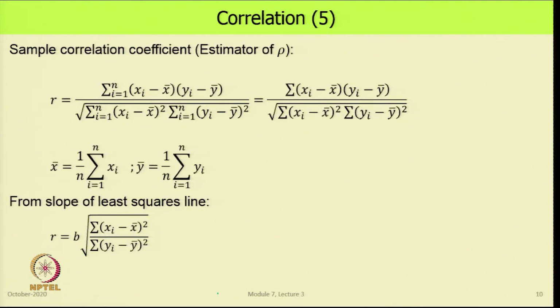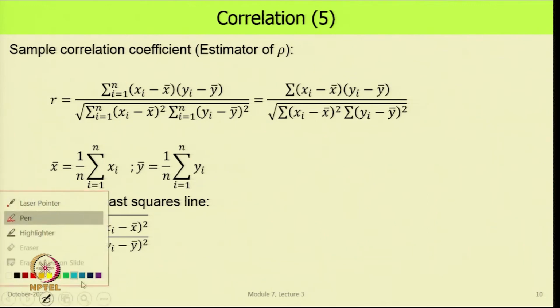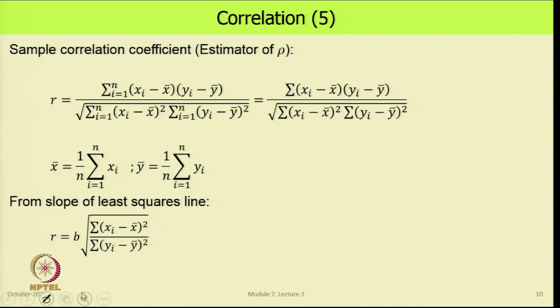Now, we come to the formula for calculating the correlation coefficient. The correlation coefficient is R, and this is an estimator of rho.